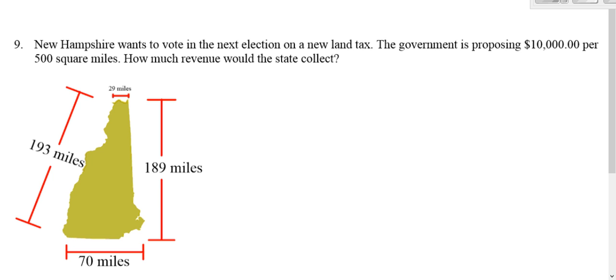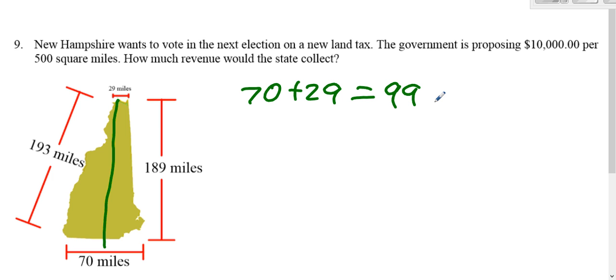So I would take the average of these two sides. It's average, so we divide by 2, so you get 49.5. And then do the same thing for the other two sides that are across from each other. 193 and 189.